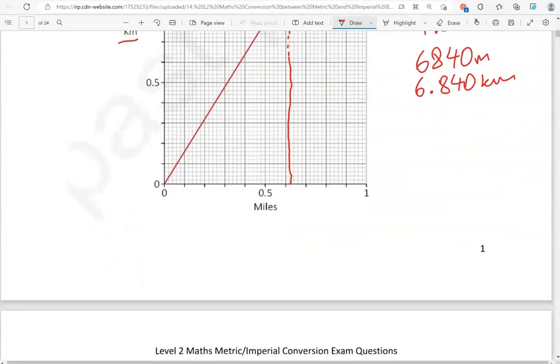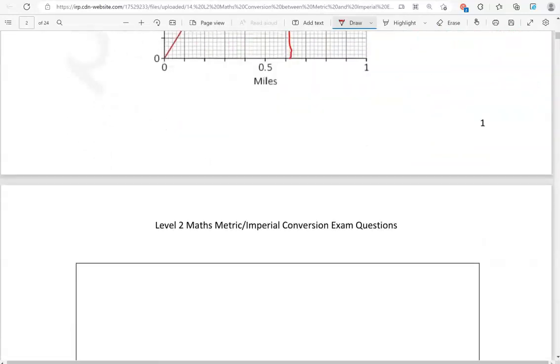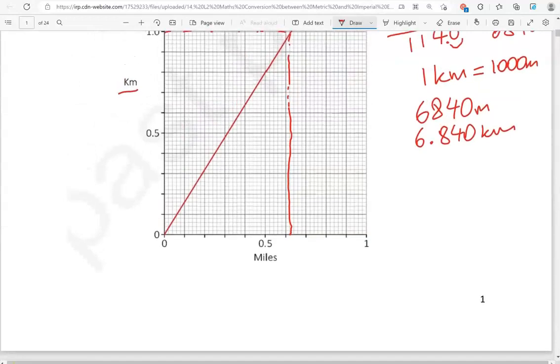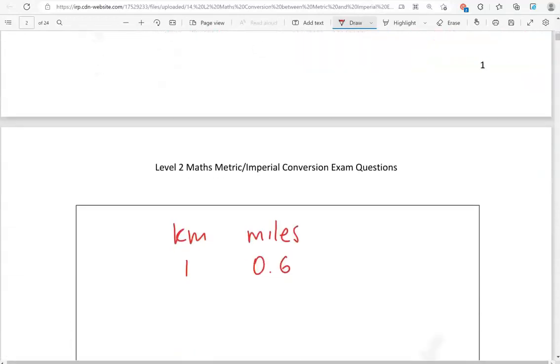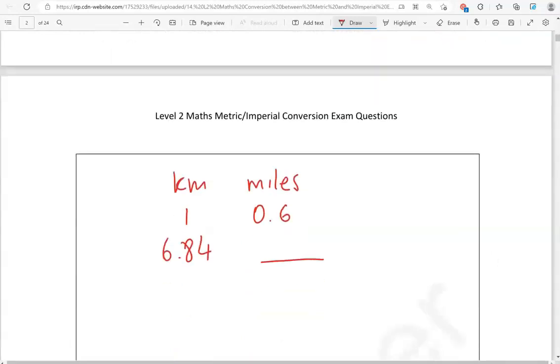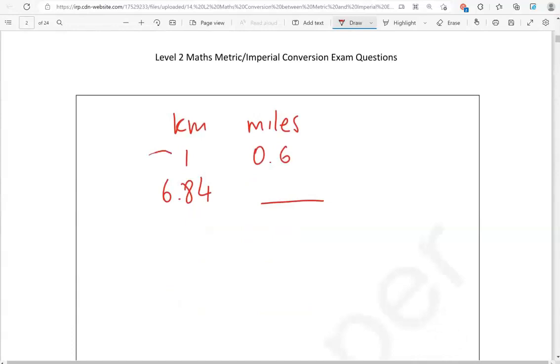So we're going to use that. What about 6.84 kilometers? What's that equal to in miles? So to get from 1 to 6.84, we multiply by 6.84. So we'll do the same on the other side.